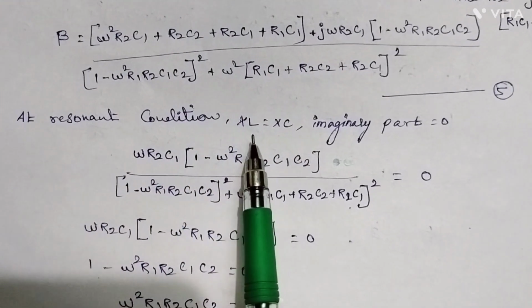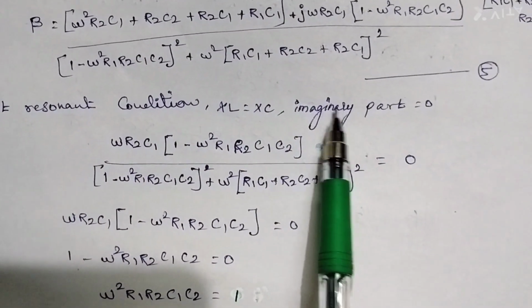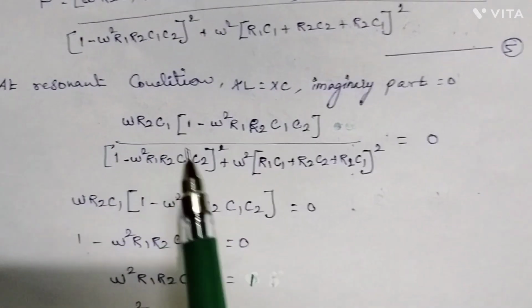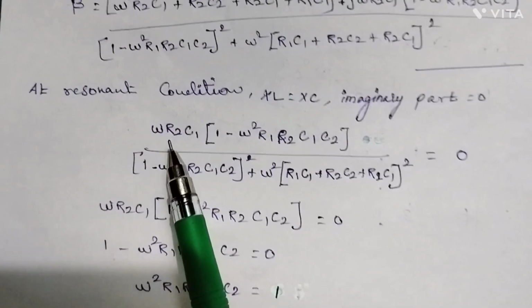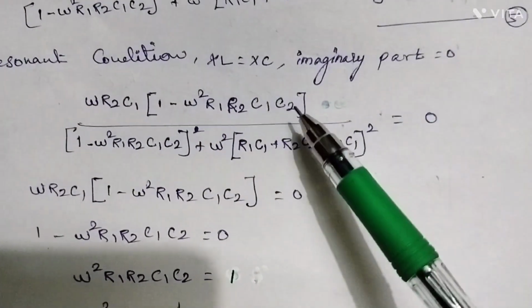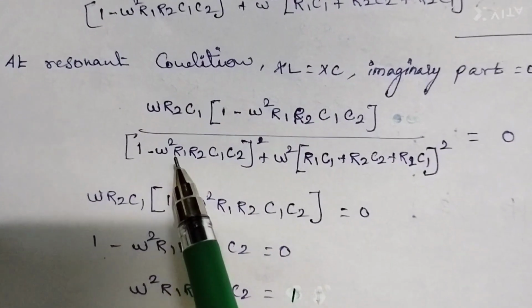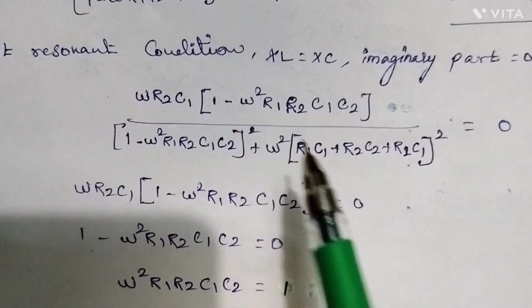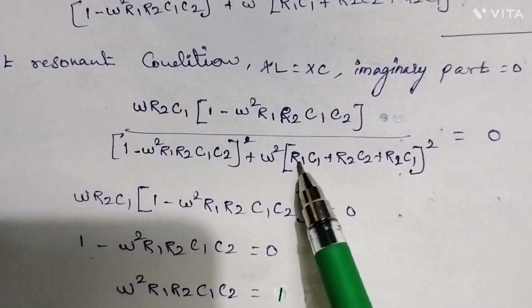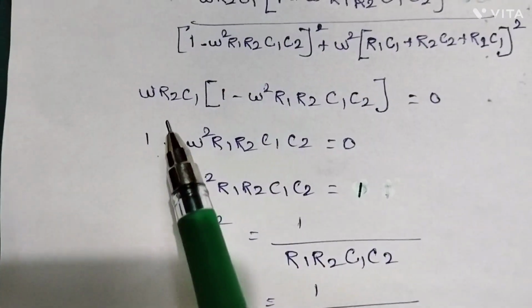At resonant condition we know XL is equal to XC, so we can equate the imaginary part to 0. So omega r2 c1 into (1 minus omega square r1 r2 c1 c2), whole divided by (1 minus omega square r1 r2 c1 c2) whole square plus omega square (r1 c1 plus r2 c2 plus r2 c1) the whole square, is equal to 0.